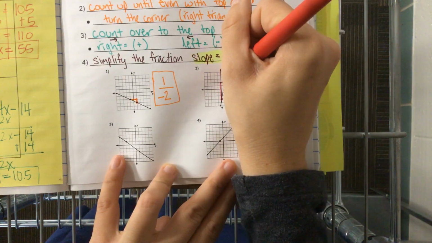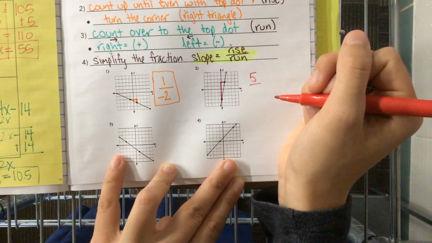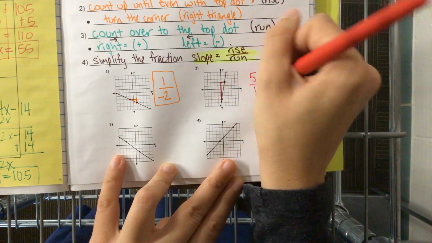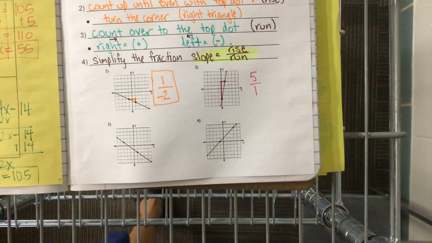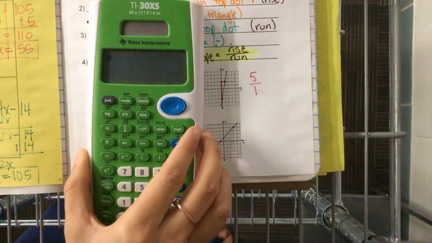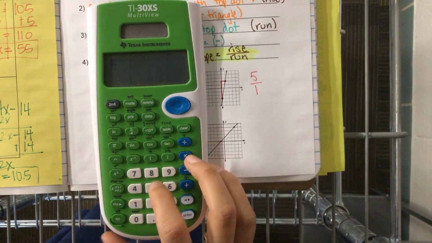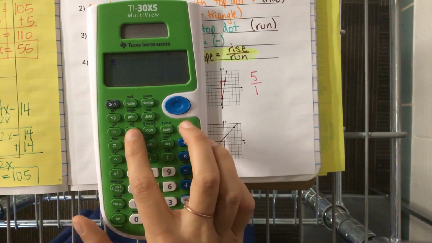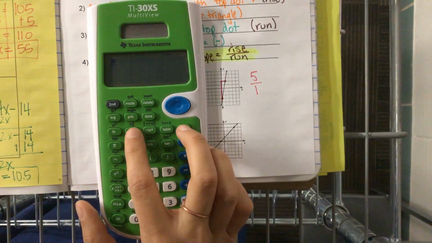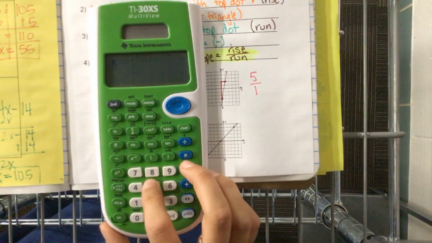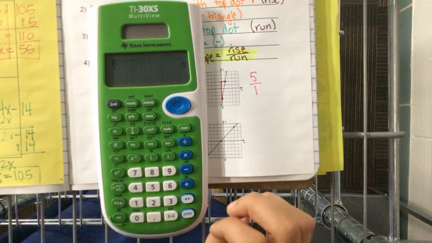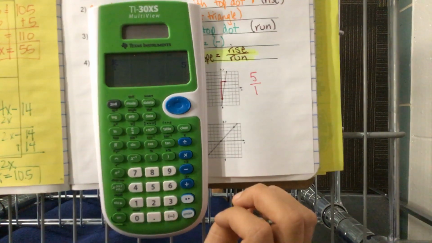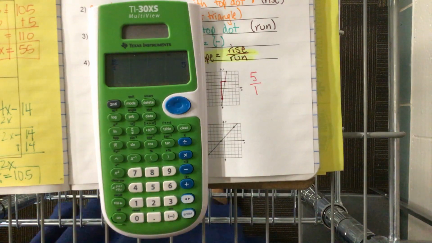And we counted to the right so it stays positive. And then we type it into our calculator, that n over d button, 5 over 1 and hit enter. Can this fraction be simplified? Yeah. 5 over 1 equals 5.